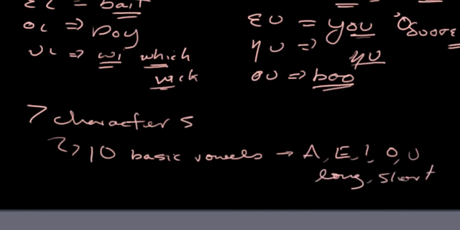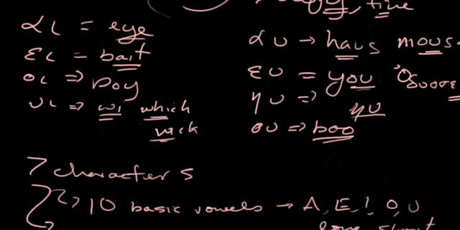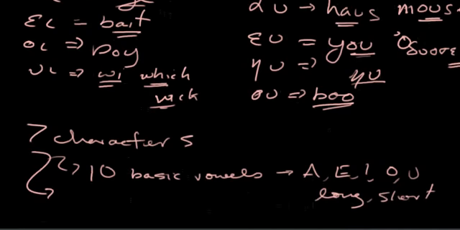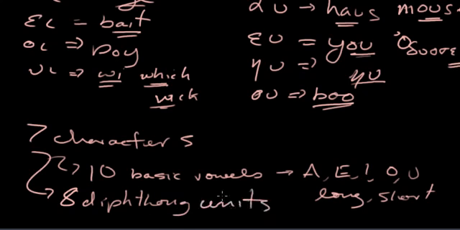But then we also have them able to combine in only these 8 combinations of diphthongs, maybe call them units. So what we have from just these 7 characters are a total of 18 vowel sounds.